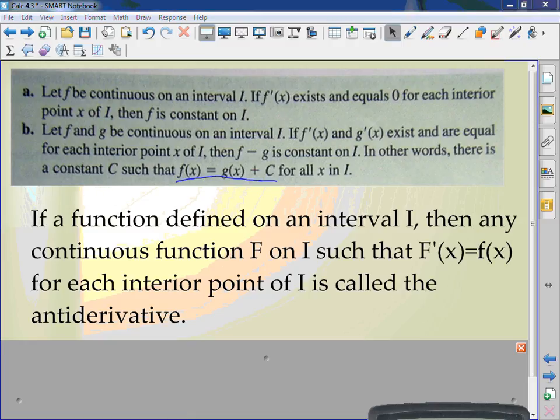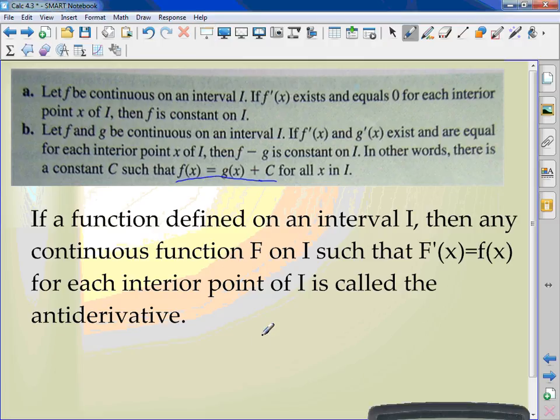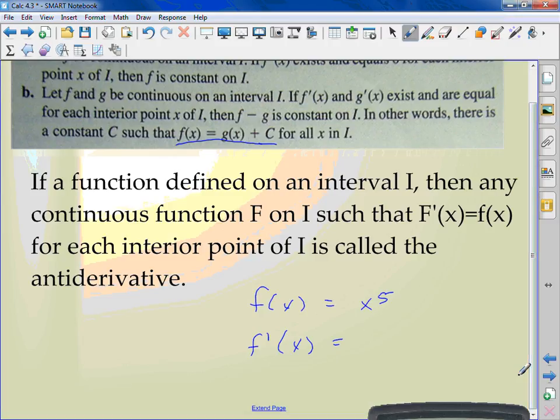Anti means opposite. So if I took the derivative of f of x and defined f prime of x, if I had x to the fifth, what's the derivative of x to the fifth? 5x to the fourth. I need to find the antiderivative, so I need to find the opposite.